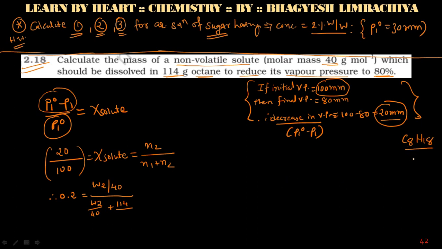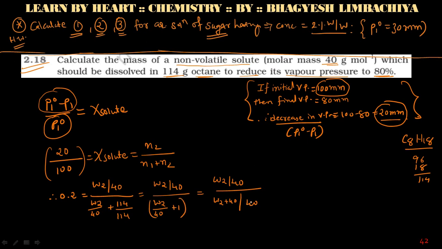So it's 12 into 8 is 96, and 18, it is 114 already, तो 1 mole हो जाएगा. ओके, तो यहाँ पे हुआ W2 by 40 और यहाँ पे होगा W2 by 40 plus 1. चलो 40 मल्टीप्लाई करो तो W2 by W2 plus 40. तो ये 40 मैंने LCM ले लिया है यहाँ पे. अब divided by 40 divided by 40 कट.